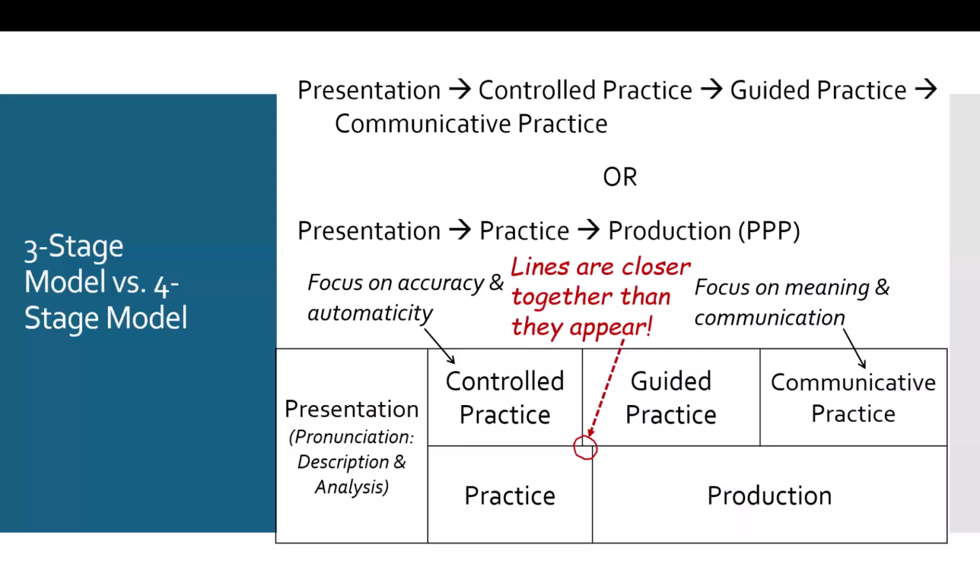Likewise, for production, it's not that you need 1 guided, 1 communicative. You might need 2 guided, 2 communicative, or 3 and 2, 2 and 3, 1 and 2. It just depends on what your students need to be able to use that learning point without having to look at the book or look at their notes, and to be able to do it without having a script.